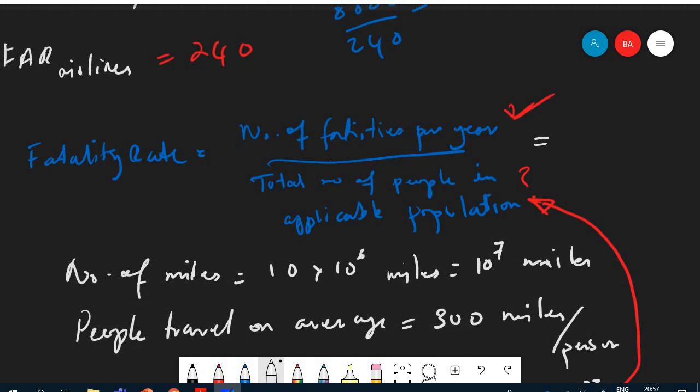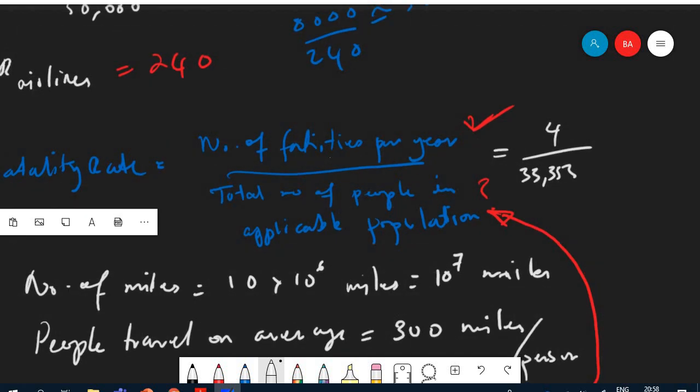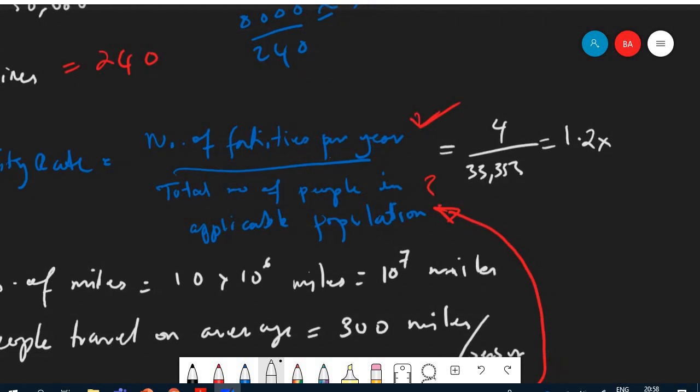When I substitute it here, the answer will be equal to 4 divided by 33,300, which is something like 1.2 into 10 to the power minus 4, which is also very high. Oh my god, that's really high.